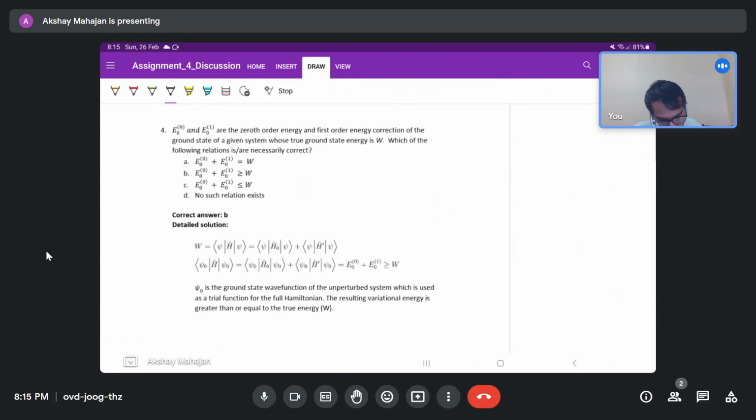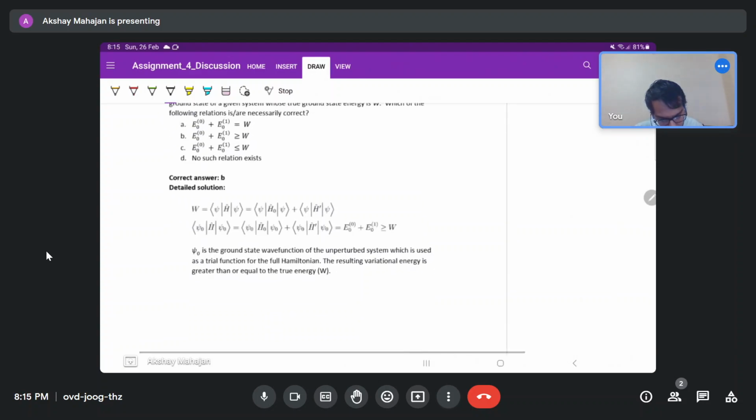Alright, so the next problem: E0 of 0 and E0 of 1 are the zeroth order energy and first order energy correction of the ground state of a given system whose true ground state energy is W. Which of the following relations is correct? As given, it is because of using the variational principle. We have taken psi naught, the ground state wave function of the unperturbed system, as a trial function for the full Hamiltonian.